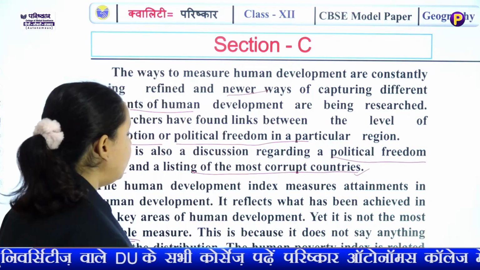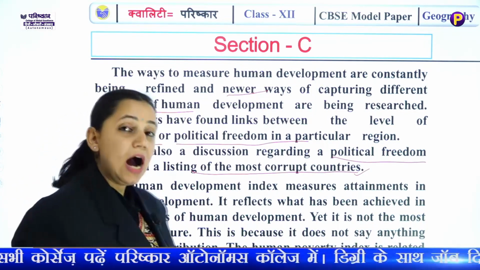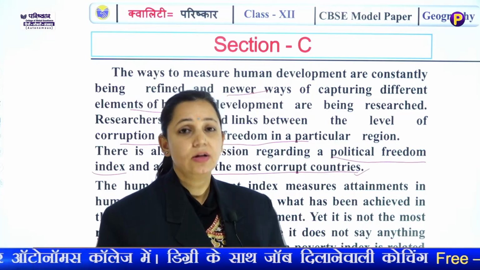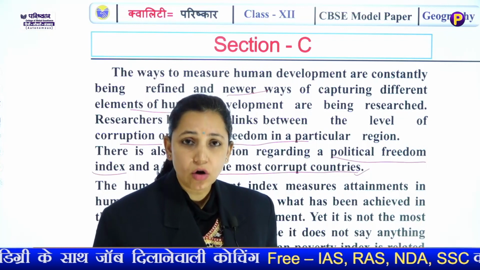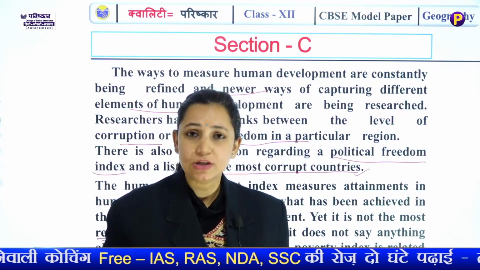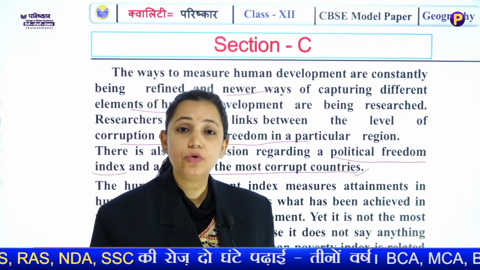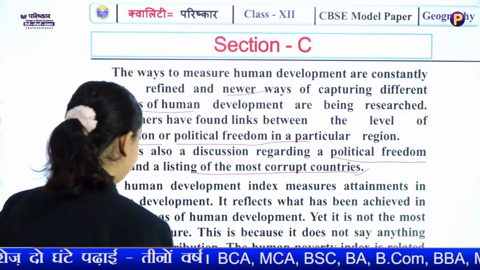The Human Poverty Index is related to human development. That's why after the evolution of the Human Development Index, later on the Human Poverty Index was also evolved to measure the real development of the country, whether the poor and the marginalized people are getting the fruits of the development of a region.